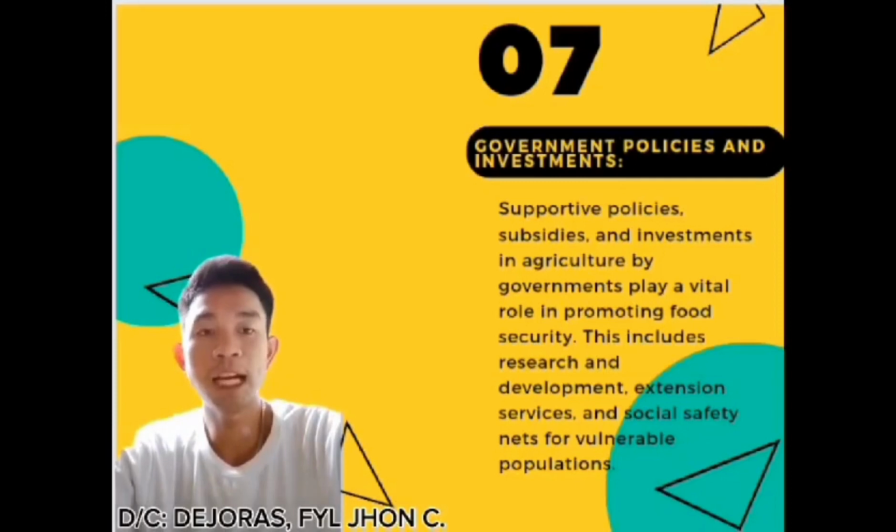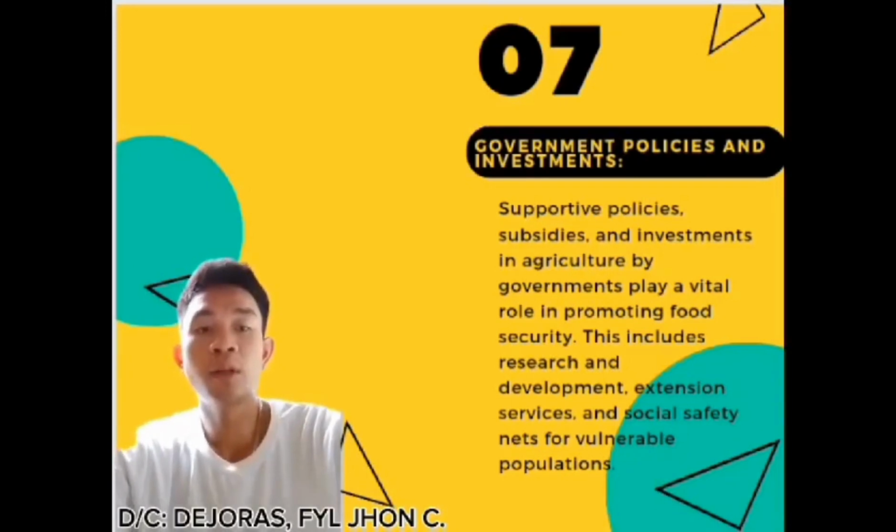So, government policy and investment: policy is a set of rules for public life. Investment allocates funds to achieve goals like economic growth and social well-being. So, they work together to shape development and address key needs in areas such as education, healthcare, and infrastructure.